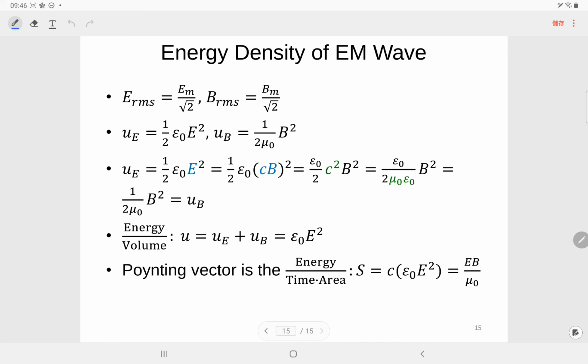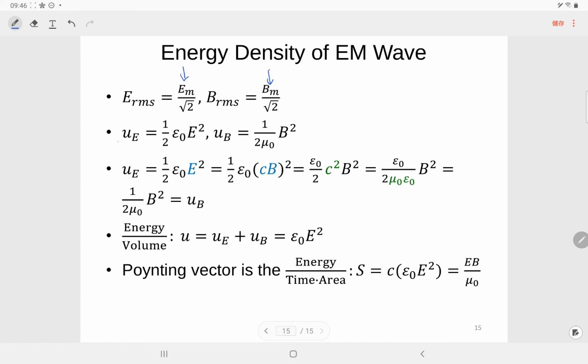Okay. So for the energy density, we also know that EM is the amplitude of the E field. BM is the amplitude of the B field. So the root mean square should divide both terms by the square root of 2.